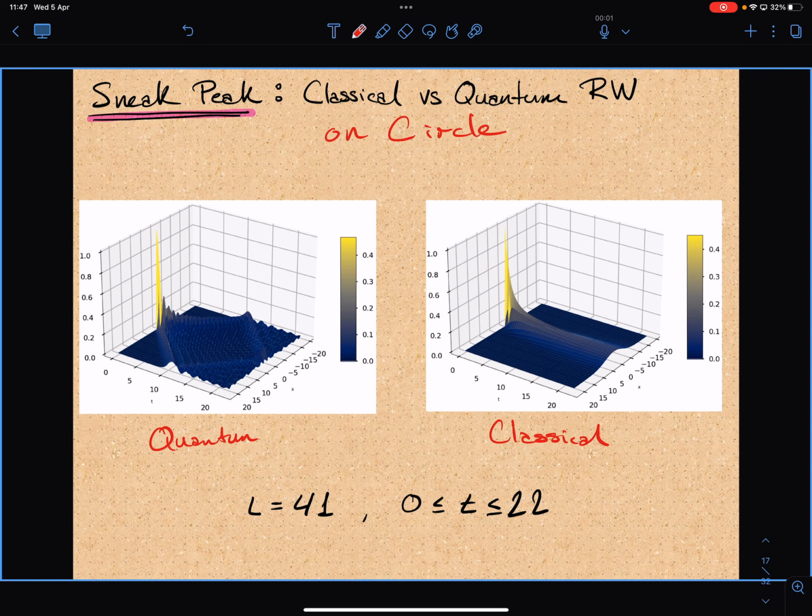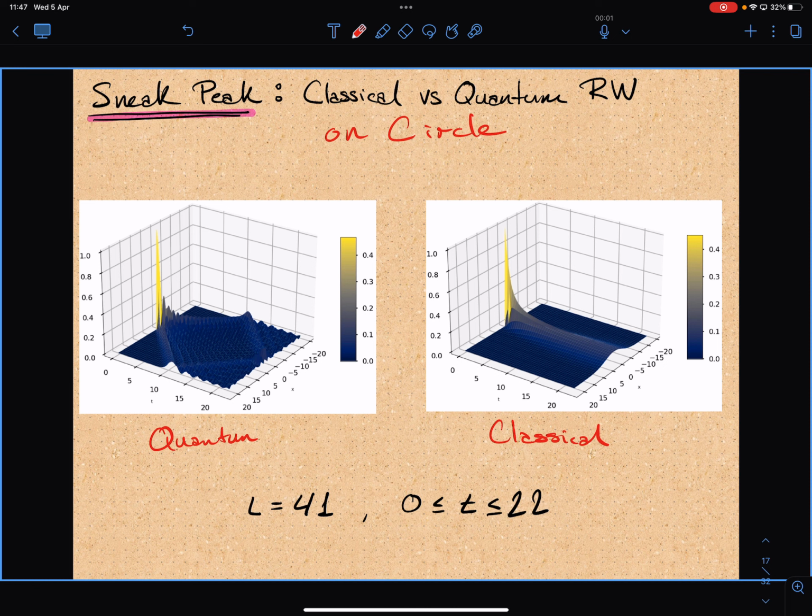And my last question is, when time goes to infinity, when it's really large, what's the probability function going to look like for the classical case? What's that? Uniform. Yeah, it's going to be flat. Everything's going to be well mixed.